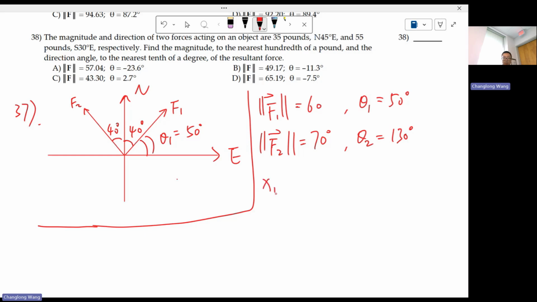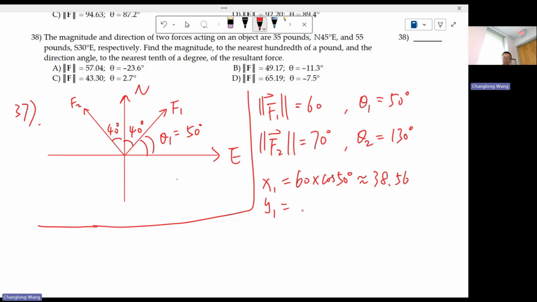So I'm going to use x sub 1, which stands for the run for F1, and that will be the magnitude 60 times cosine of theta 1, which is 50 degrees, right? If you work it out, cosine 50 times 60, you get 38.56.